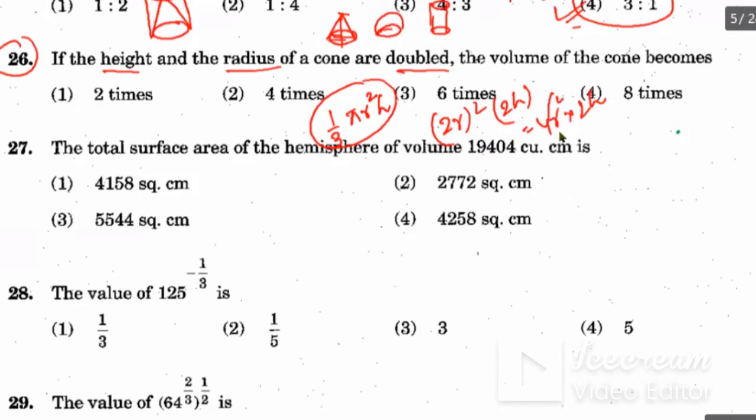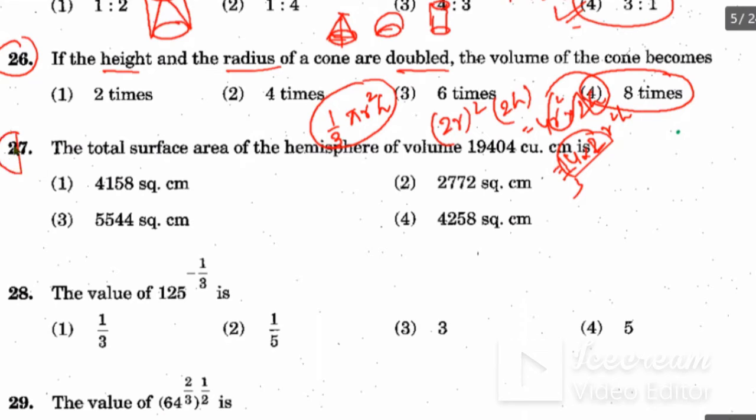Here r square and h are the old ones. The increase is 4 into 2, and 1/3 is the same. So the volume of the cone will increase by 8 times. If you double the height and radius, the volume of the cone will be 8 times the old cone.